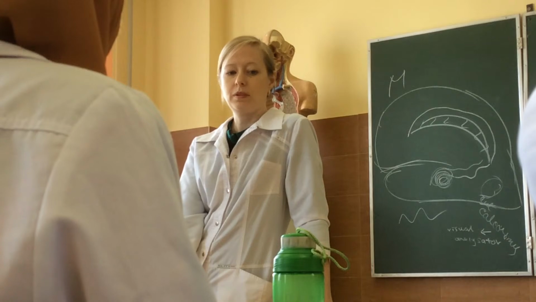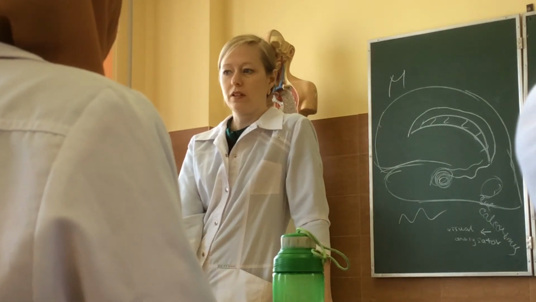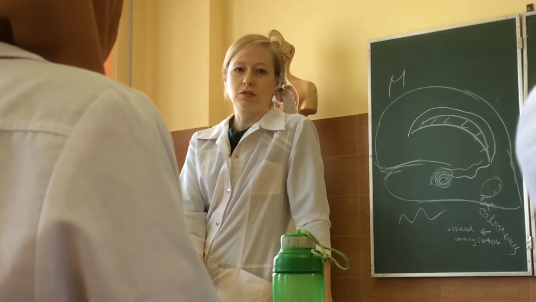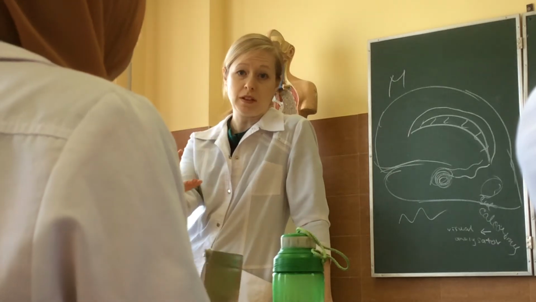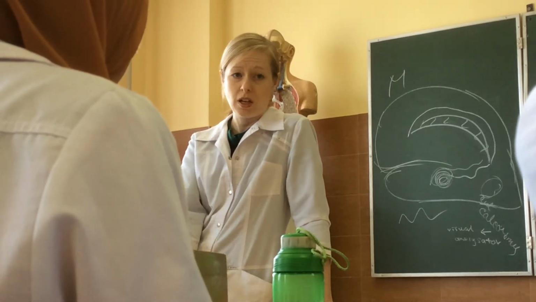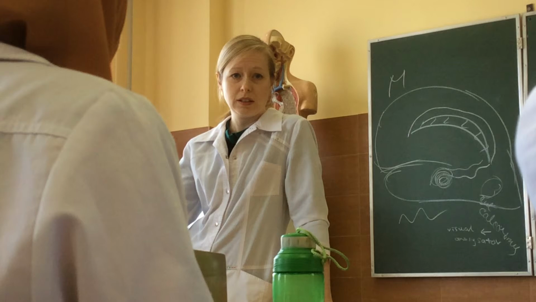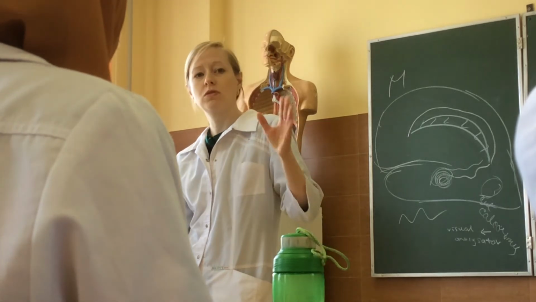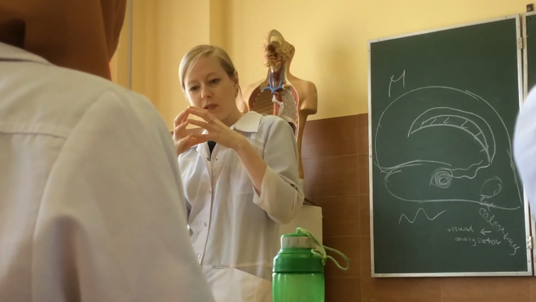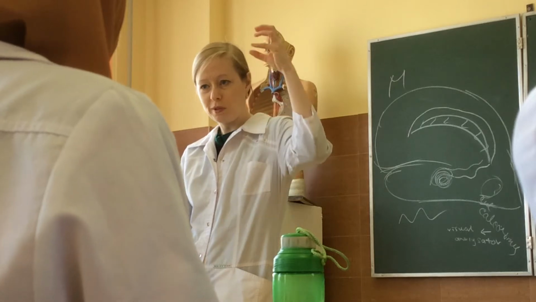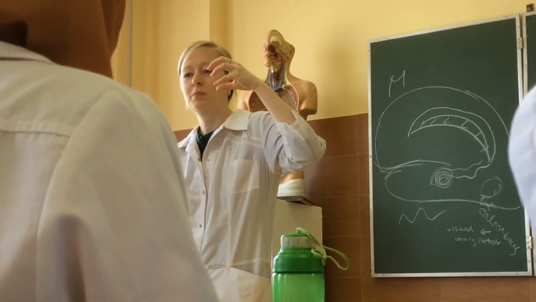Then we described the midbrain. We said that from the midbrain it originates from the more ventral part. And in our other classes, we have to describe the pathway of this tract from the midbrain to the spinal cord.